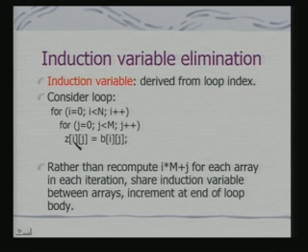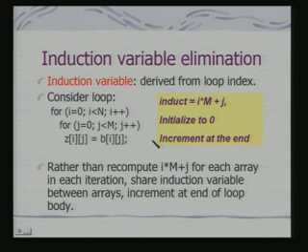The computation of an address would imply a multiplication, that is i into m plus j, if this is the organization of the array. So, this would be done as part of the code required for this assignment.